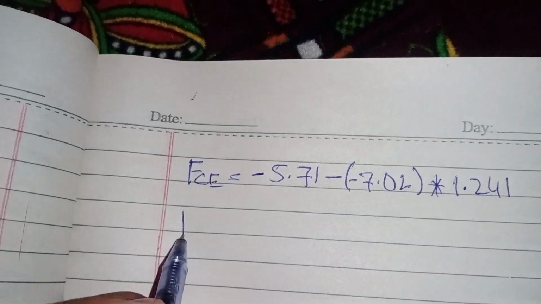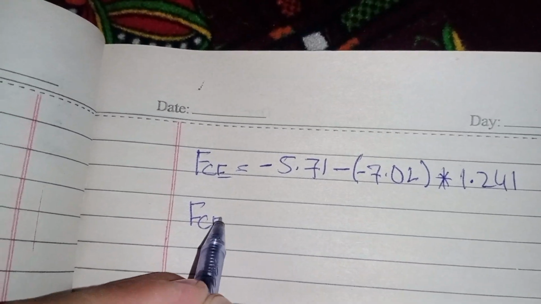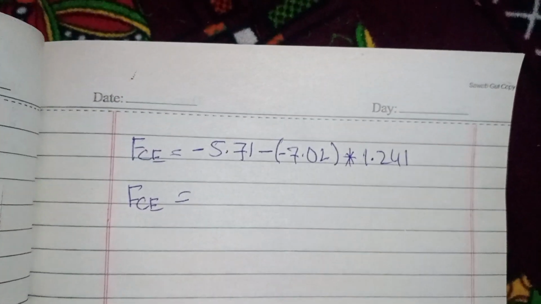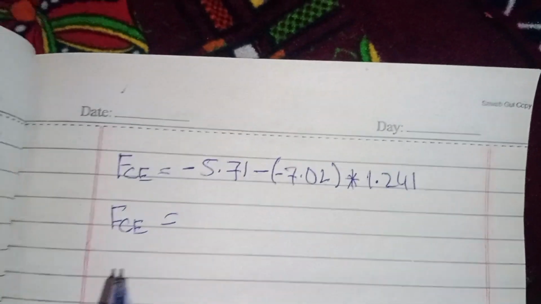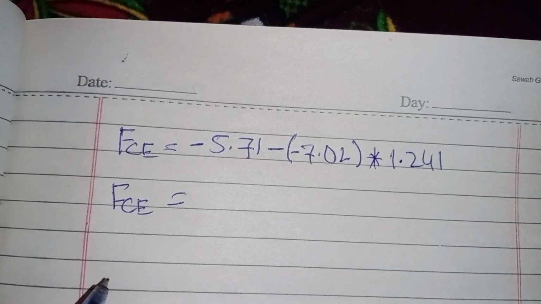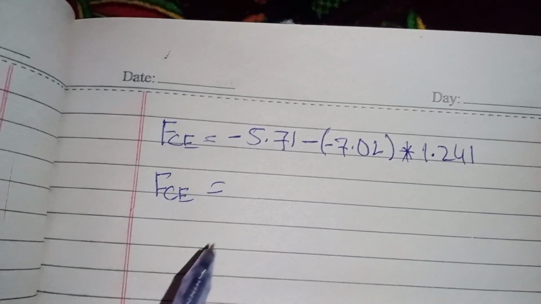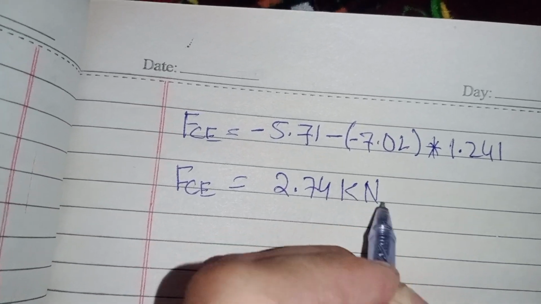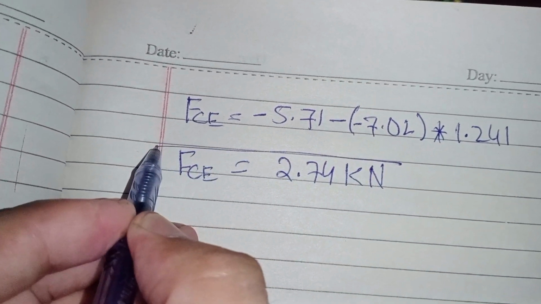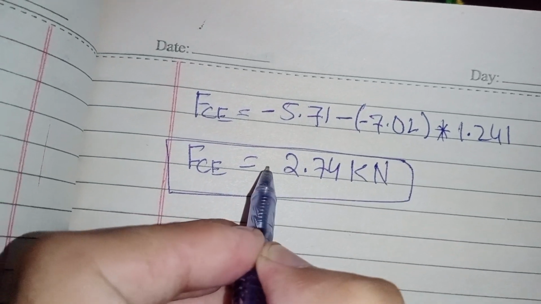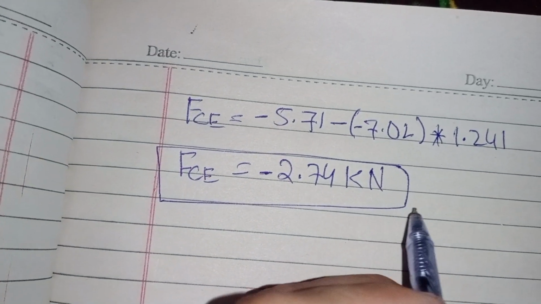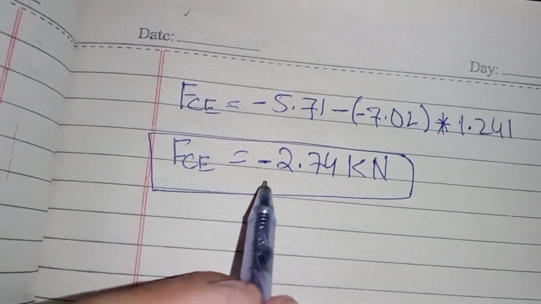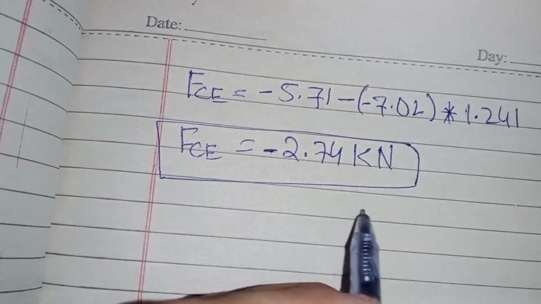If you calculate this with your calculator, F_CE will be equal to 2.74 kilonewton. Okay, this will come with a negative sign. It means that our assumption was wrong.